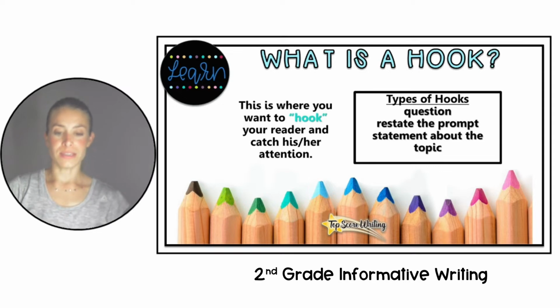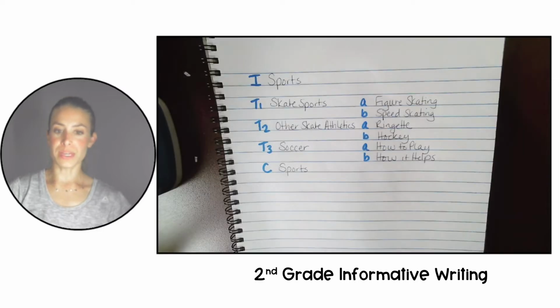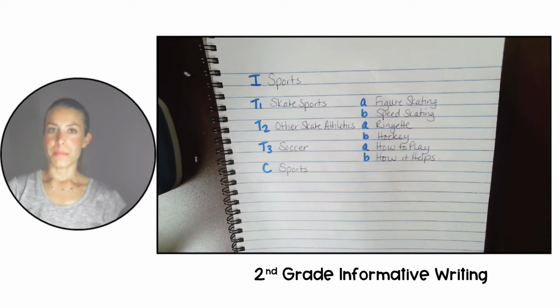So let's see what we can use as we practice when we are going through the ice skating and what is soccer passages. So remember, we already planned for this, and I'm going to turn it over to my document camera so that you can see that plan again. So here is our plan that we came up with based upon the sports prompt.